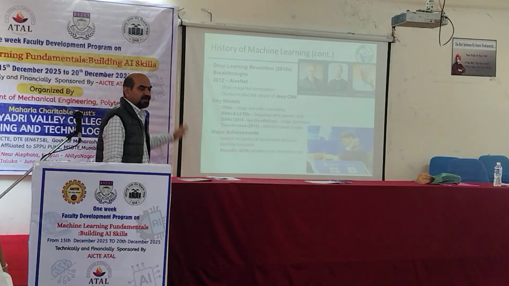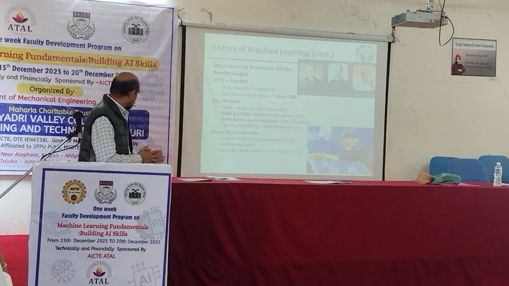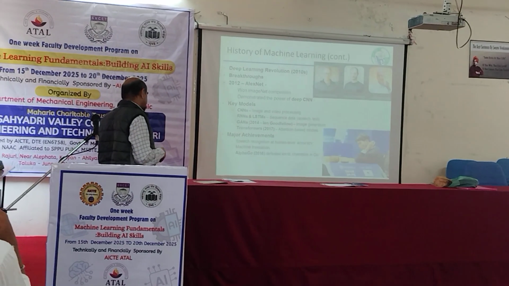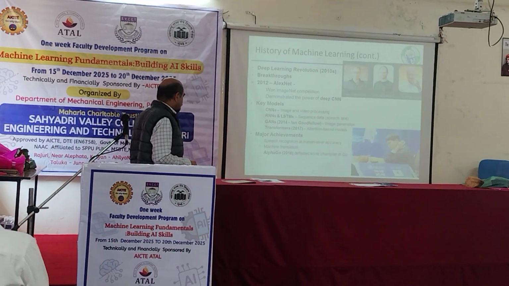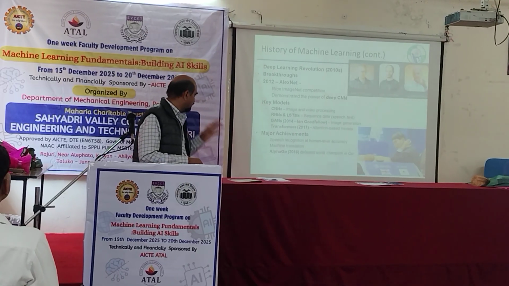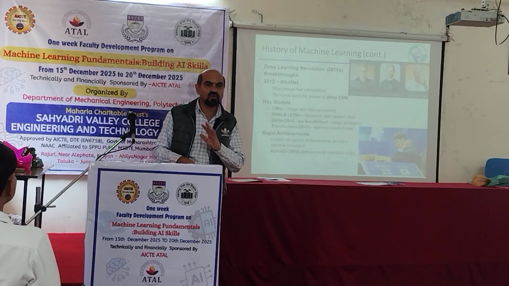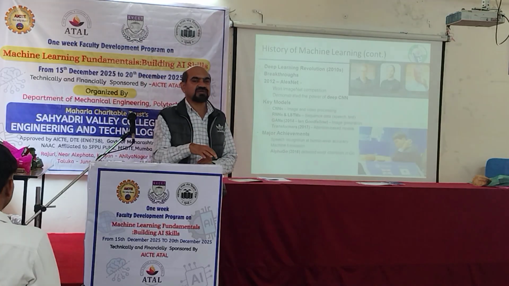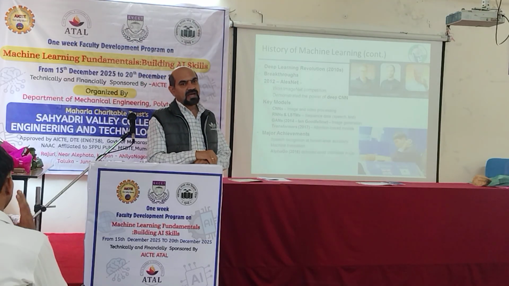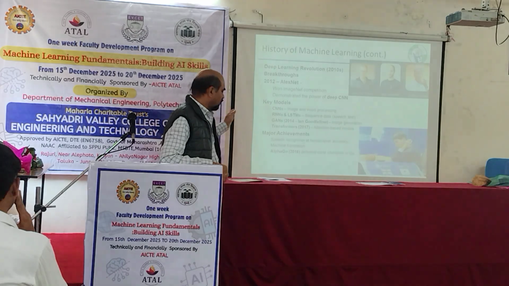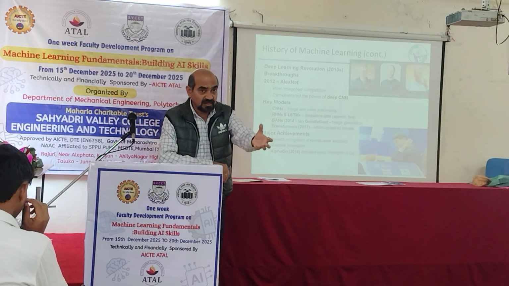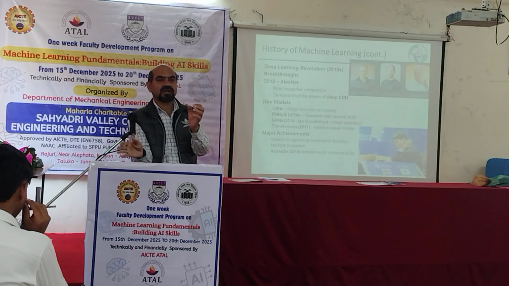The major achievements: speech recognition at human level accuracy, then machine translation. Then AlphaGo in 2016 defeated the world champion in Go. Go is a game used in foreign countries, and AlphaGo was developed as an automated system to play against the human.